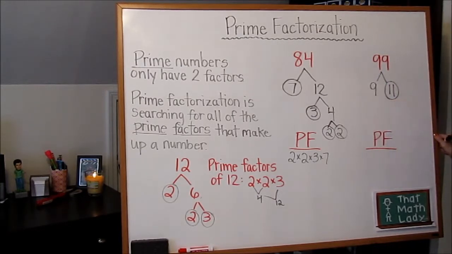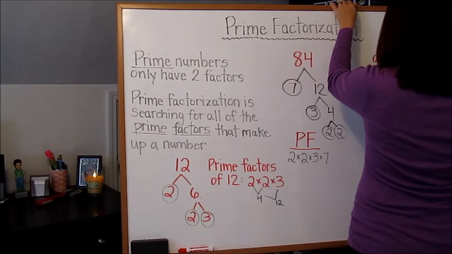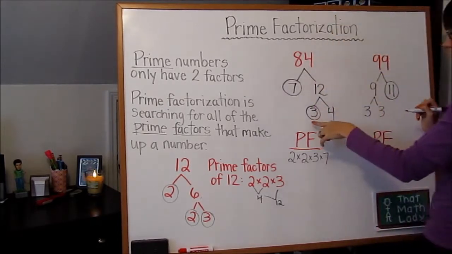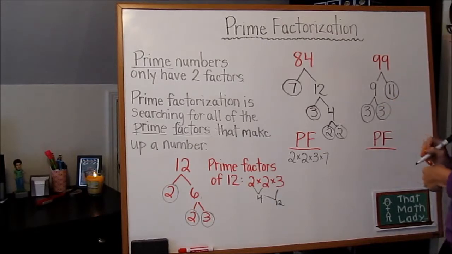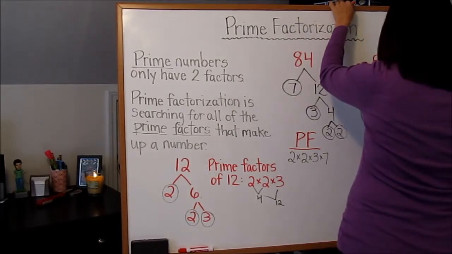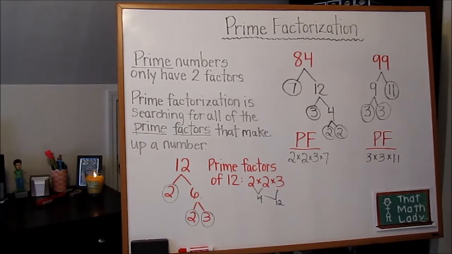And 9 is a composite number because 1 times 9 is 9, but also 3 times 3 is 9. And as we saw over here, 3 is a prime number, so we'll circle those off. So the prime factors of 99 are 3 times 3 times 11. And that is prime factorization using factor trees.